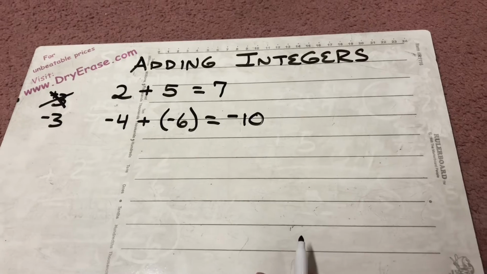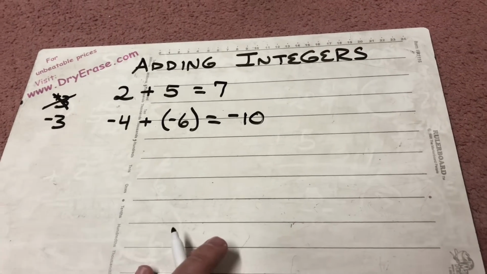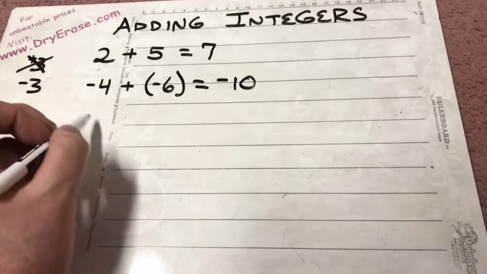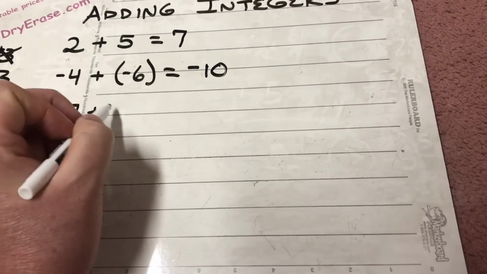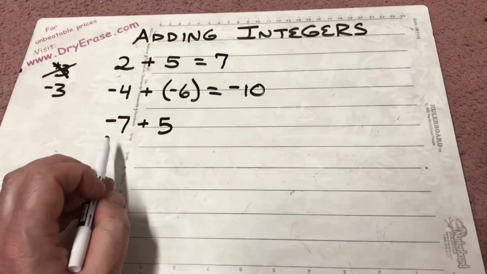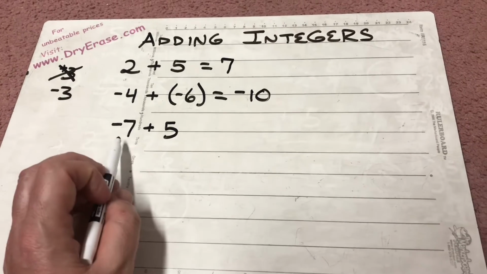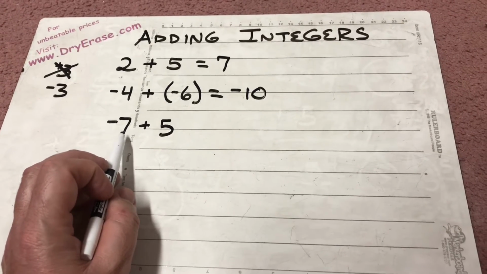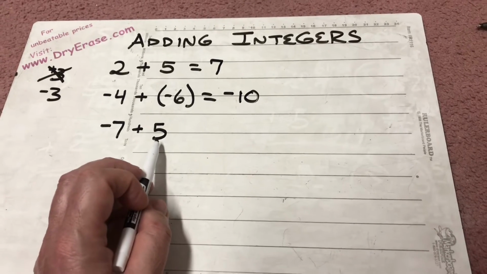Now, sometimes one number is going to be negative and one number is going to be positive. Let's say, for example, the first number is negative 7 and the second number is 5. So we have negative 7 plus 5. We do something a little bit different when the first digit is negative and it's larger than the second digit.